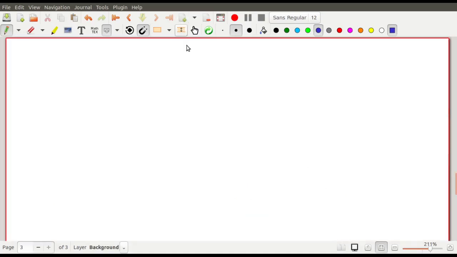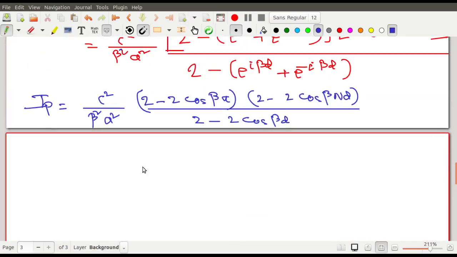Fine. After that, c square by beta square a square. So you see that I take a 2 common. So 2 and 2 common gives me 4, and from the denominator there is also a 2 common. So basically I will have 2. Numerator 4, denominator 2, so it gets cancelled, and ultimately I have 2.